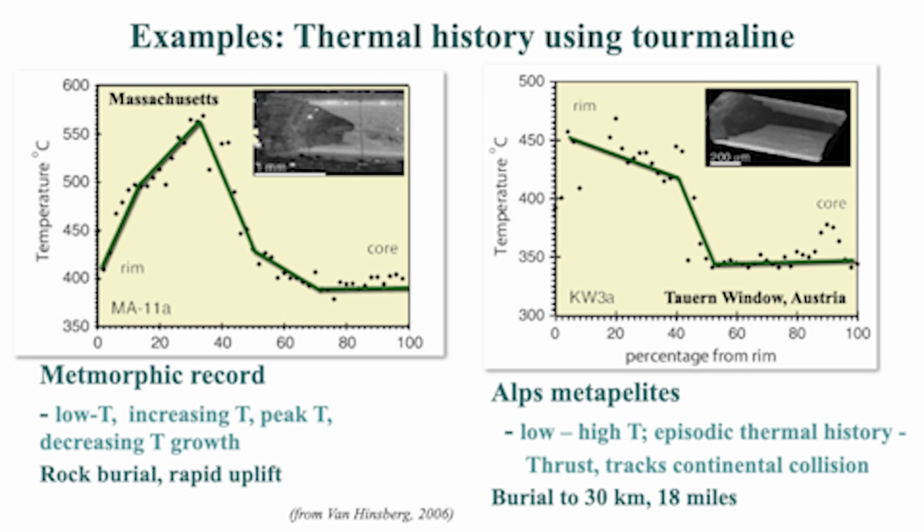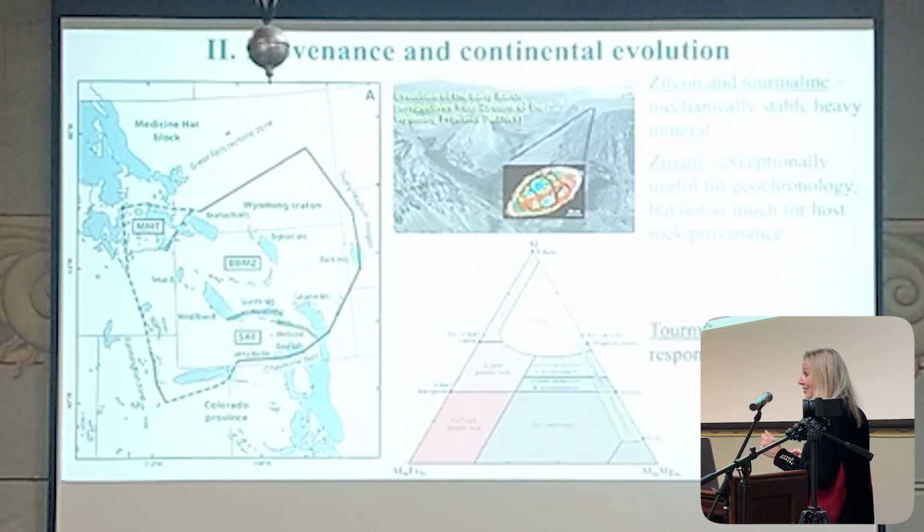A second example is tourmaline as a host rock indicator. We all know zircon, right, is a great geochronometer, and it tells us the age of the rock in which it forms. Well, it doesn't tell us so much about the host rock in which it formed, but that's where tourmaline is very good. So tourmaline, again, is very responsive to its host rock environment.